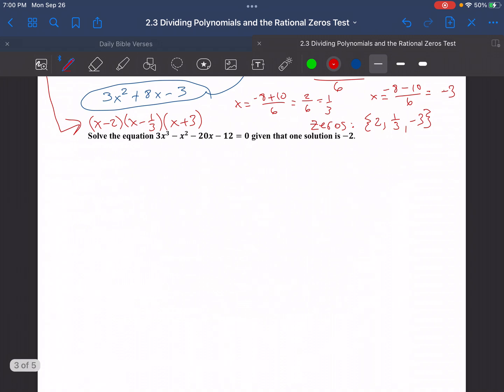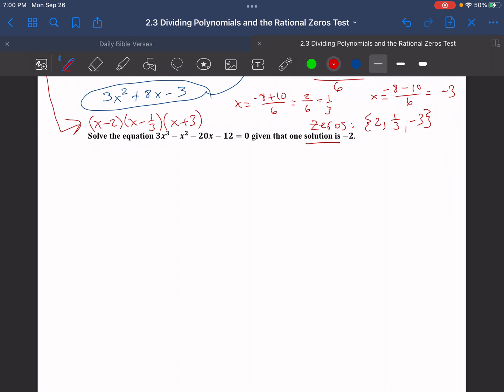It says solve the equation 3x cubed minus x squared minus 20x minus 12 equals 0, given that one solution, all right, this time they tell us one solution is negative 2. We have to be careful with that, because above they told us that 2 is a 0.